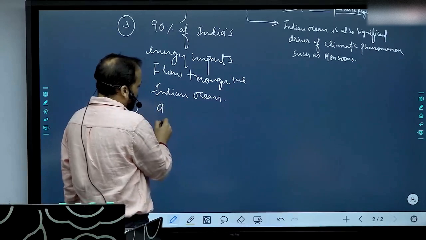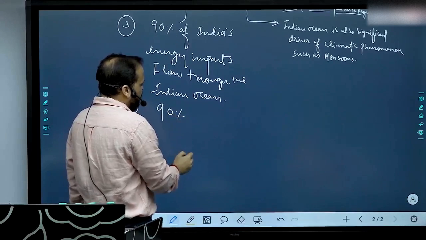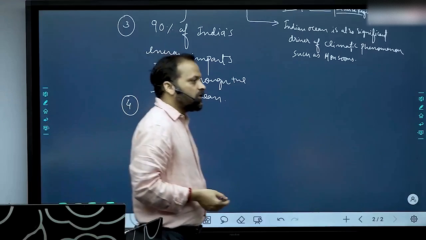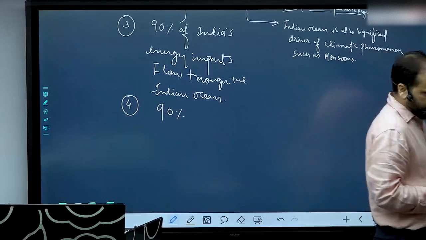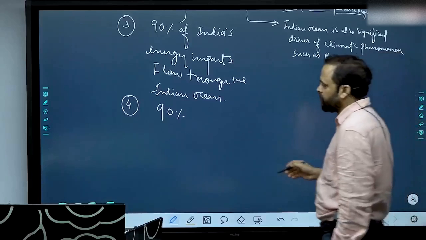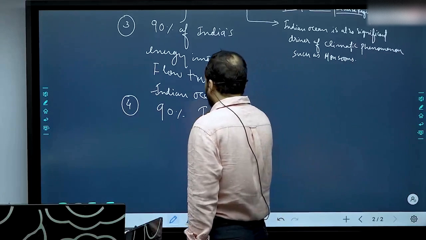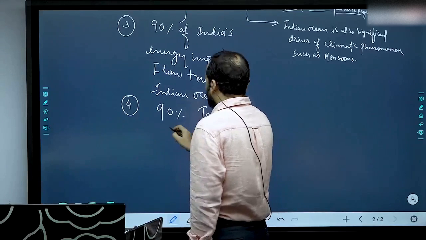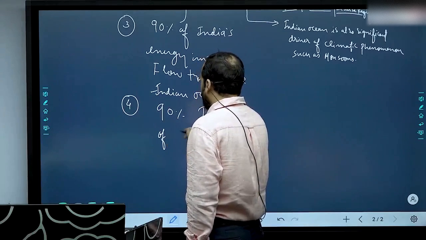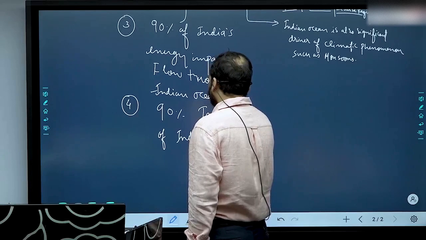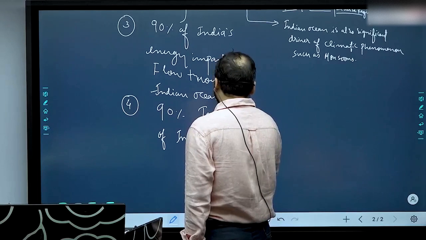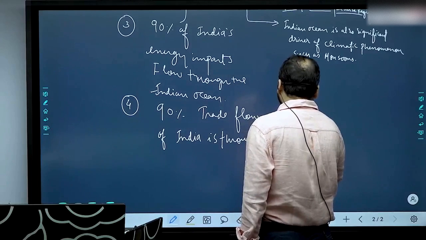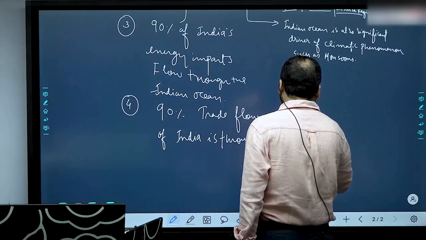Again, over 90% of India's outbound trade, right, either short-term trade or containerized traffic. Cumulatively, 90% of the trade flow involving India is through the Indian Ocean.